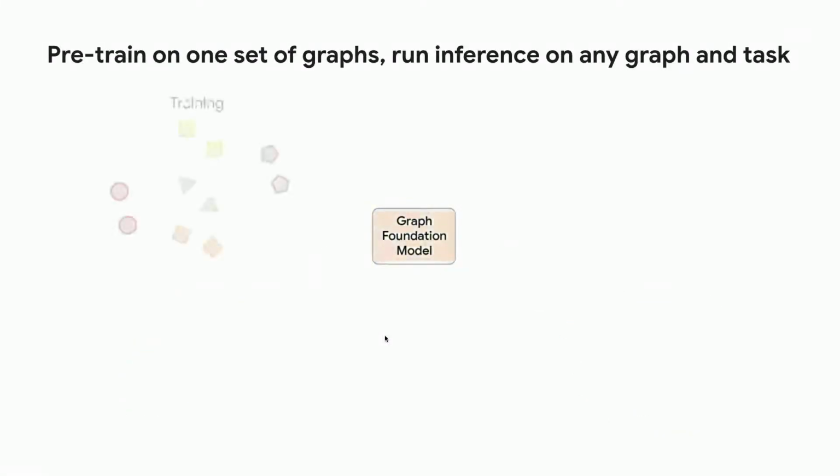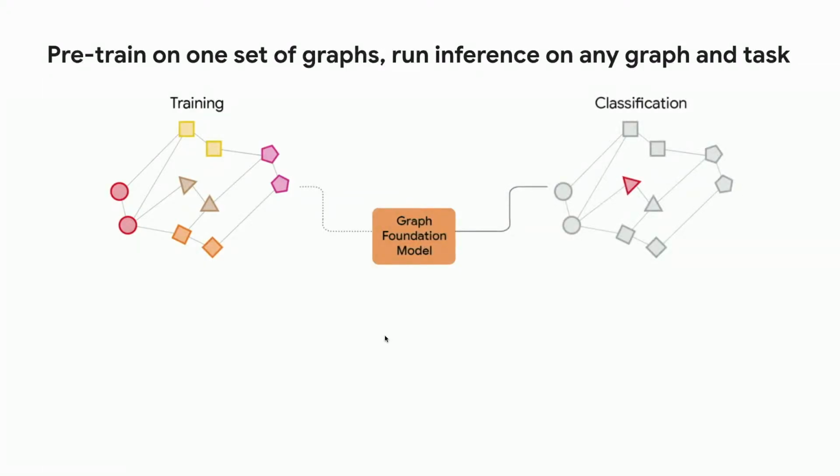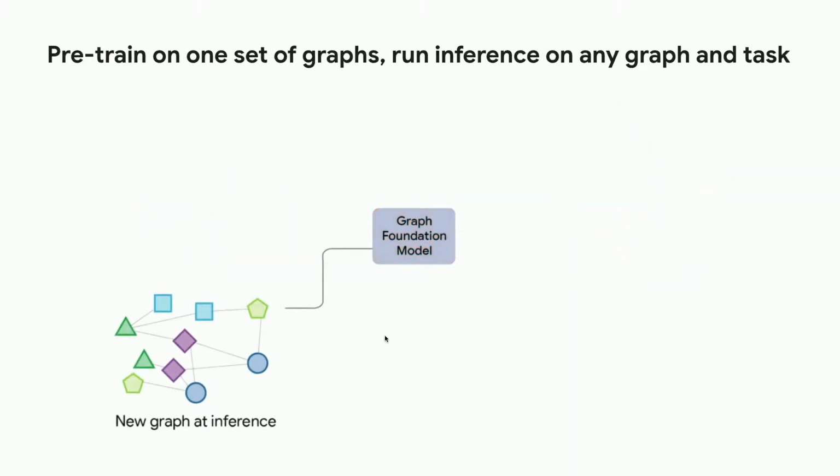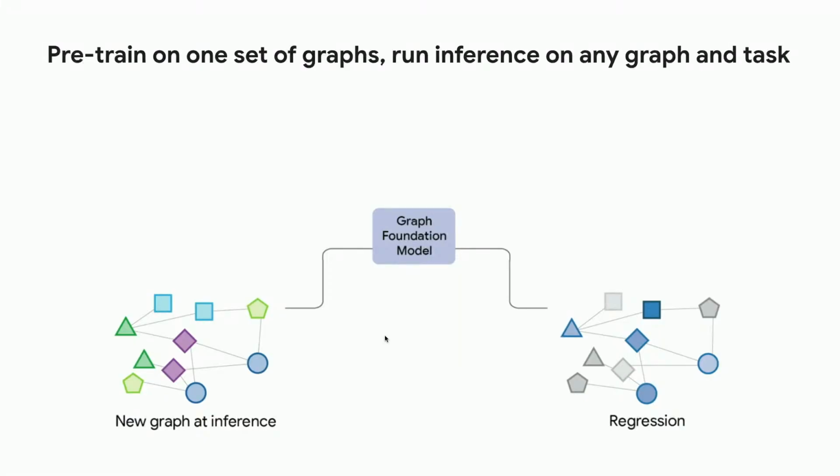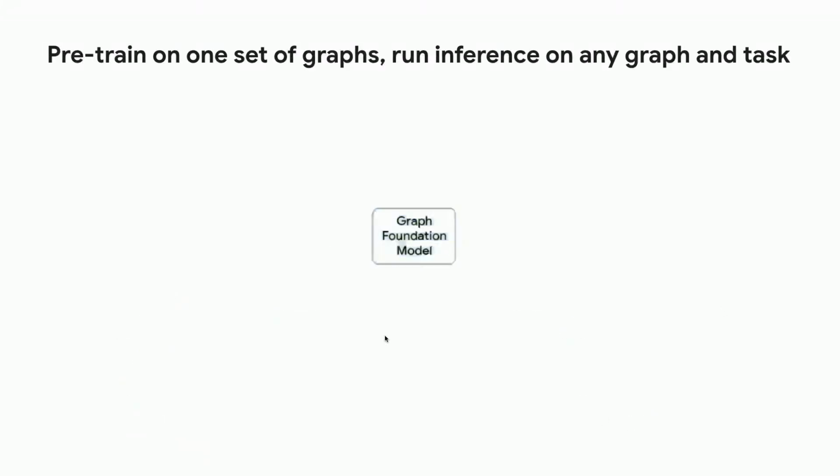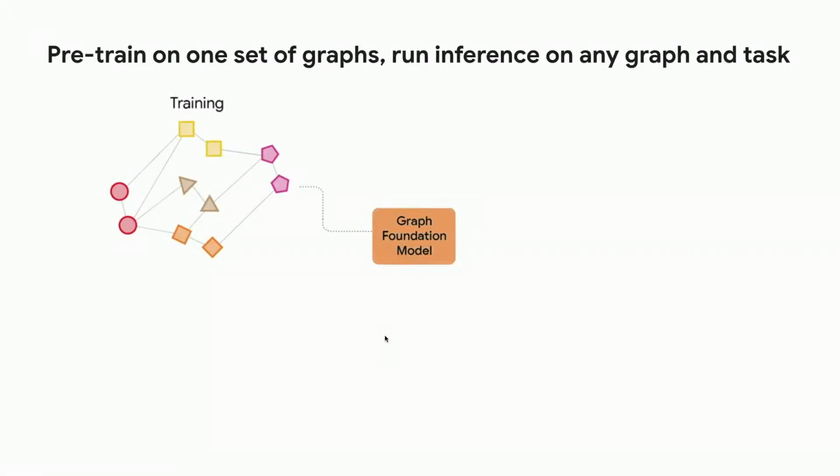Can be regression, can be link prediction, can be something else. And it can run it in a zero-shot fashion. So there is no need to fine-tune. You can just slap a pre-trained model on whatever relational graph made from tables. You have it inference, and it will produce predictions that in many cases better than if you train a neural net from scratch.